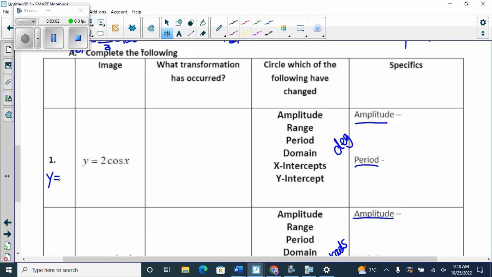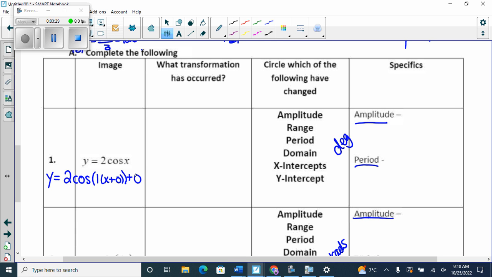Do you see that? So when I go to write out the equation, if I want to help myself out, I can have 2 cos, and in brackets I could have a 1 for my B, x plus 0, this is going to look ridiculous, but it's fine, plus 0. So for A and B, if they're anything other than 1, stuff's happening. If for C and D, they're anything other than 0, stuff's happening. We agree?